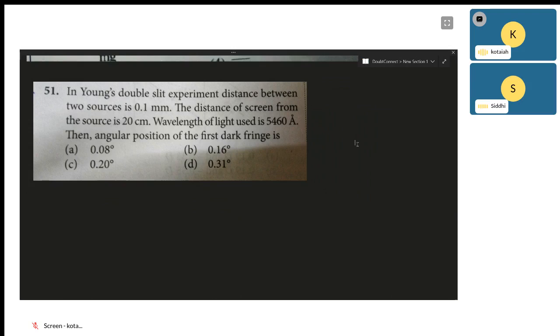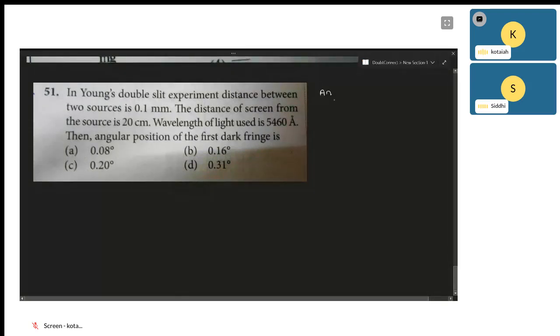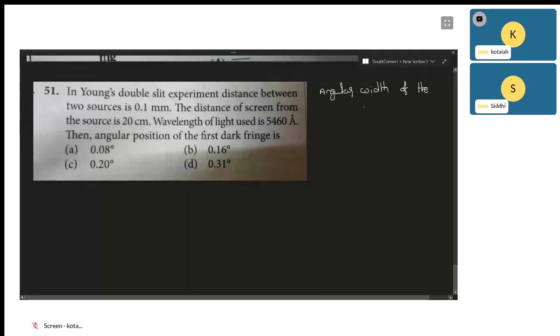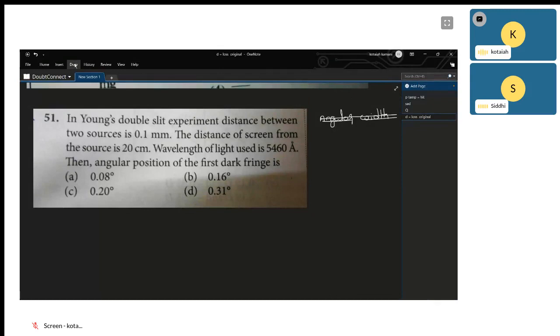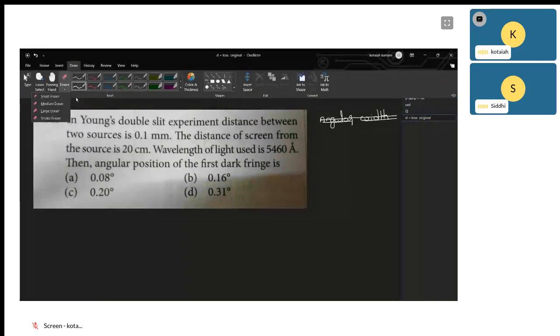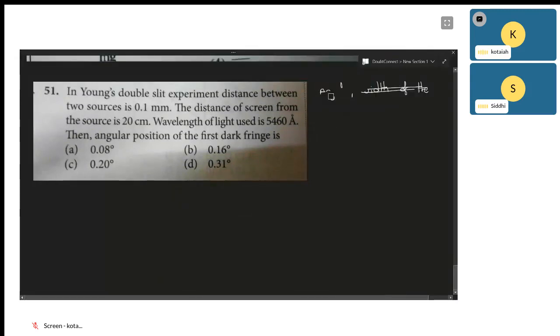So the question is the angular position of the first dark fringe. Not the width, the position of the dark fringe we will calculate.